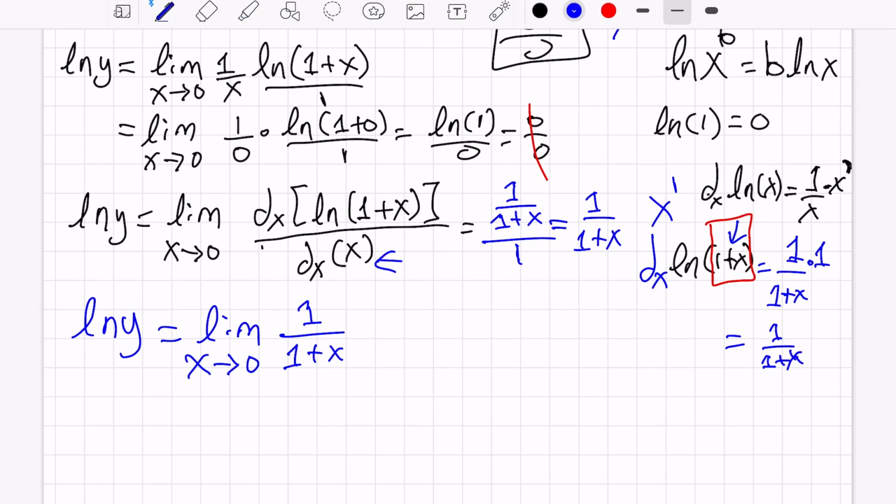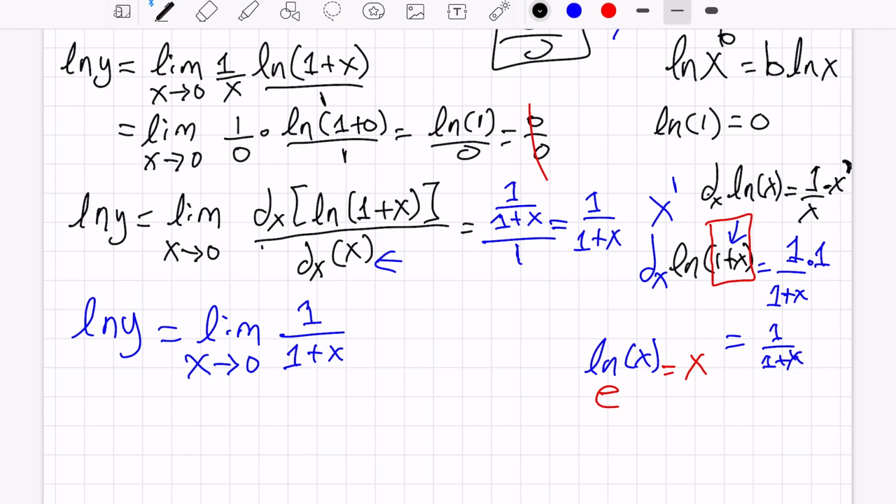We need to use the logarithmic rule. Once again, when we raise the base e to ln of any number, it is equal to simply that number. So now let's do that here.